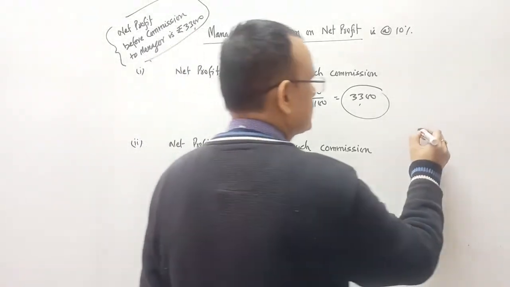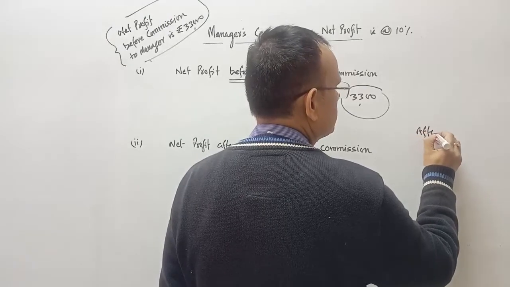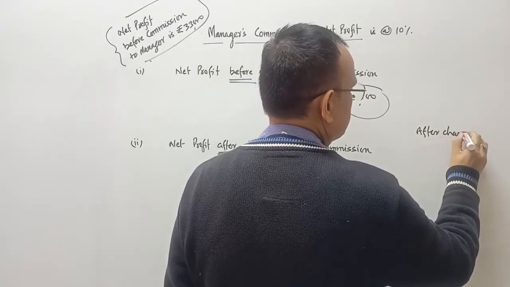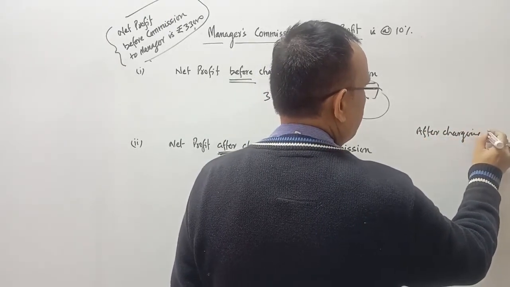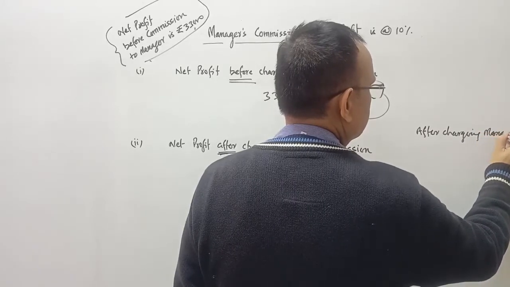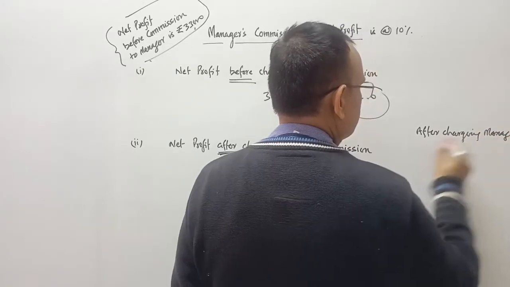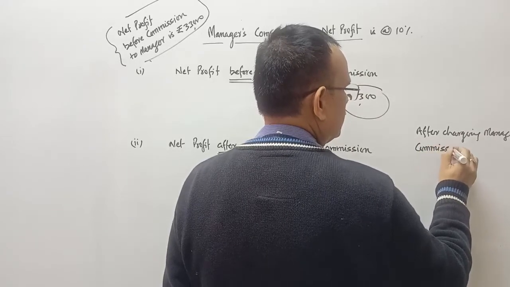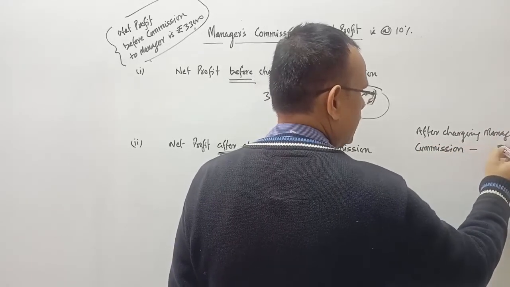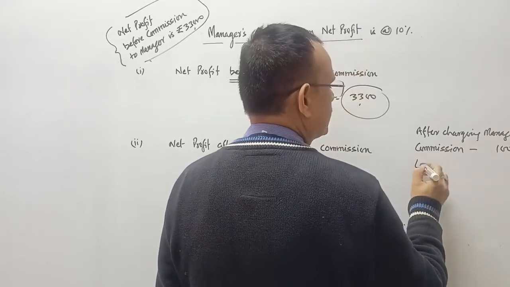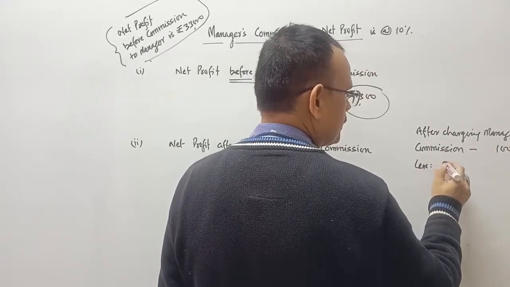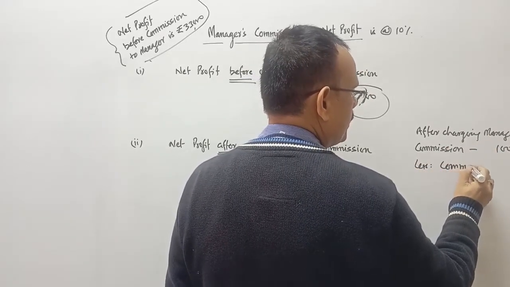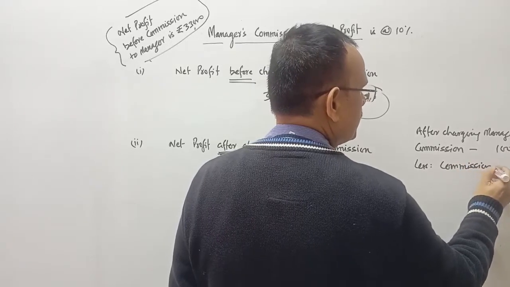Suppose after charging manager's commission the profit is 100. Then the commission will be how much? Commission will be 10.